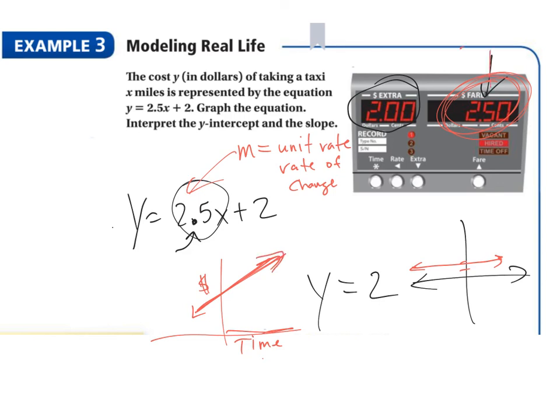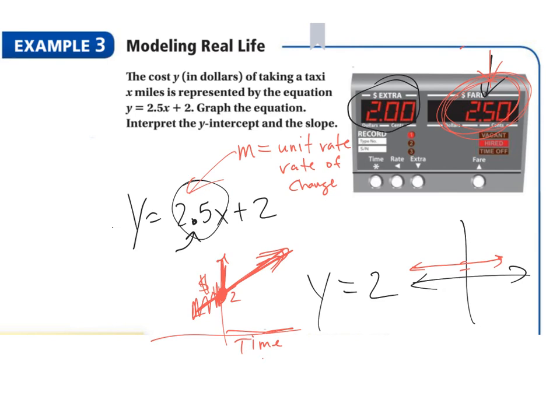So it might be my charge here. There wouldn't be anything in the negative category, right? This would be at 2. It costs me $2 regardless. So I can graph this at $2, and then as time goes on, the amount of money I owe him goes up. So anyway, I just wanted you to understand that.